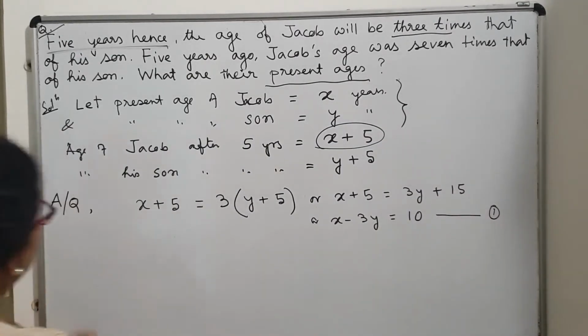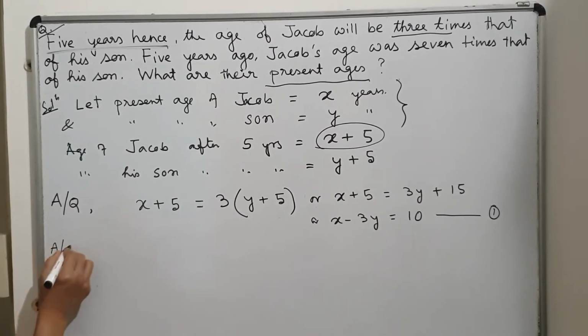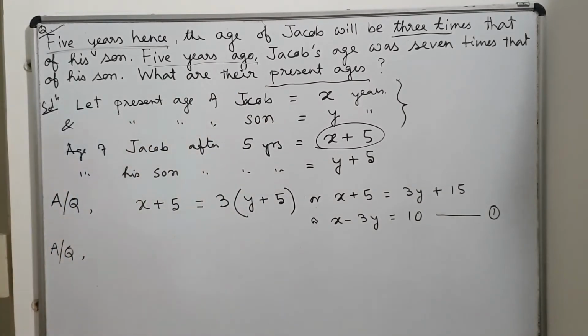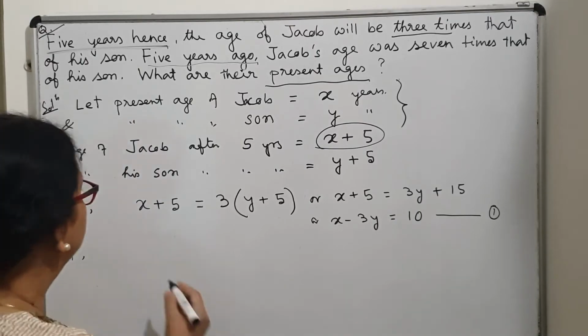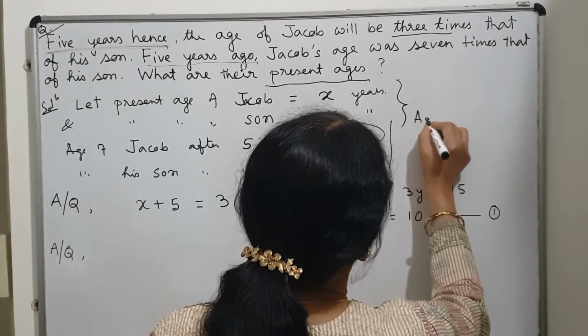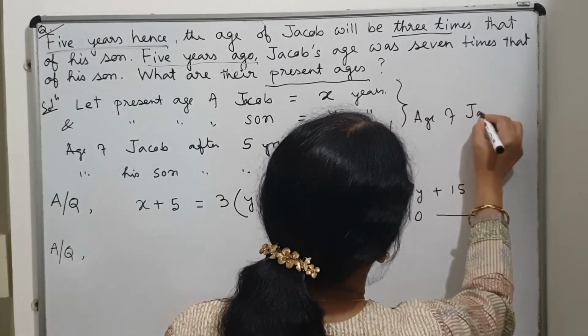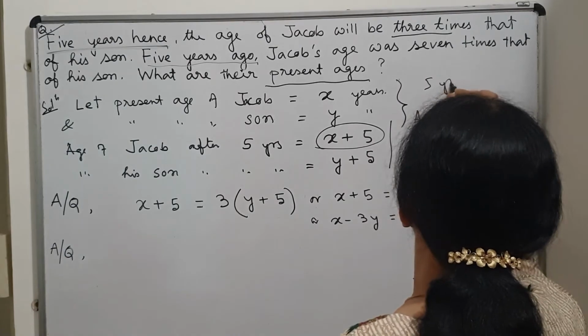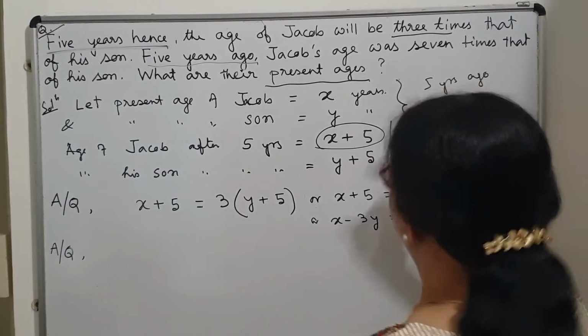Then let us form the second equation from the second condition. So what is that? 5 years ago. So what will be the age 5 years ago? Again, let me write the age of Jacob 5 years ago.